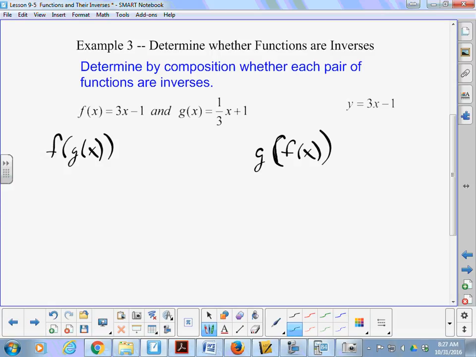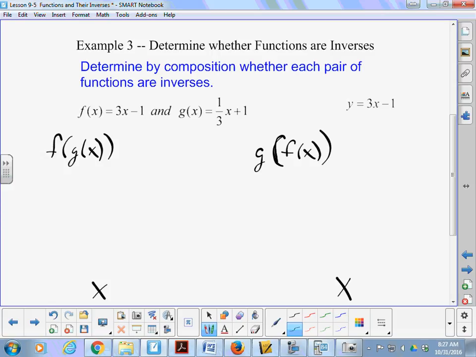All right? And when we're all done with them, if they equal x, then they are inverses. Now, if just one of them doesn't equal x, then you're done. Okay, it's kind of like checking to see if a point works for two different equations.